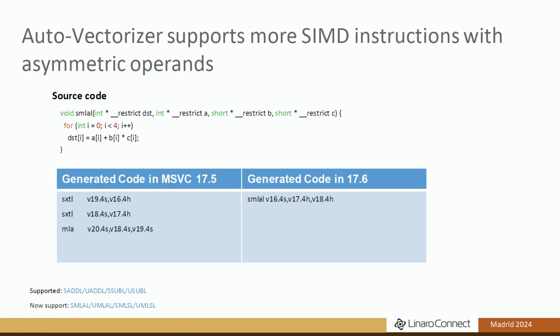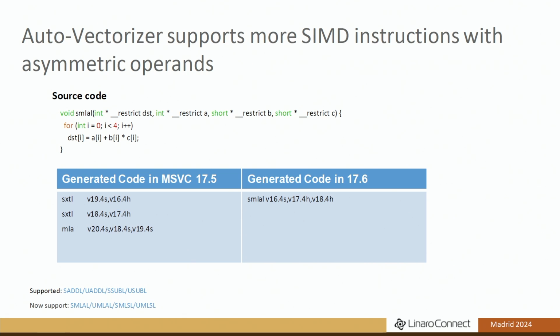ARM has an instruction where it allows the last two operands to be multiplied together. In this particular example, it's 16-bit wide, multiplied together, and then widening the result to be the same size as the first operand, and doing a multiply and putting the result back in the first operand.